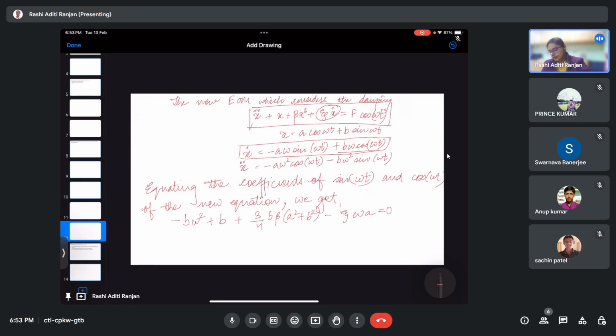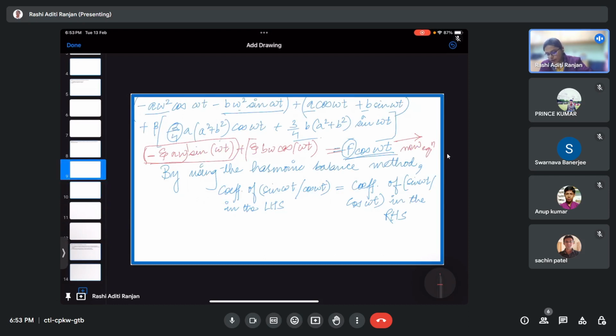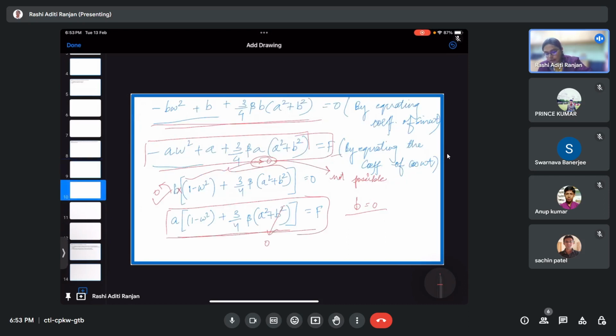Correct? And coming on to the second one, which was this expression, here also you can see that we have the introduction of one new term which relates to cos omega t. So here where we equated the coefficients of cos omega t, we'll have one more term added on the left hand side. Okay, and so it is going to give me what?